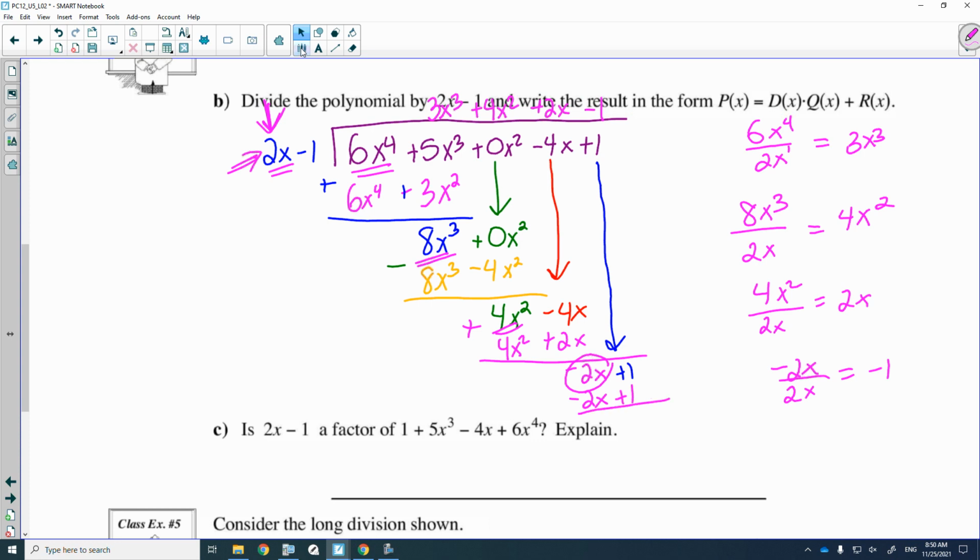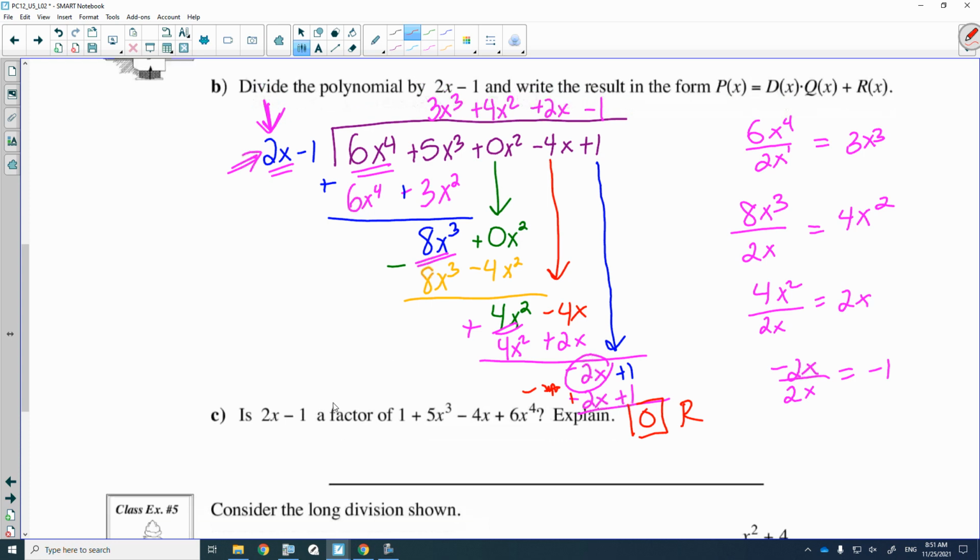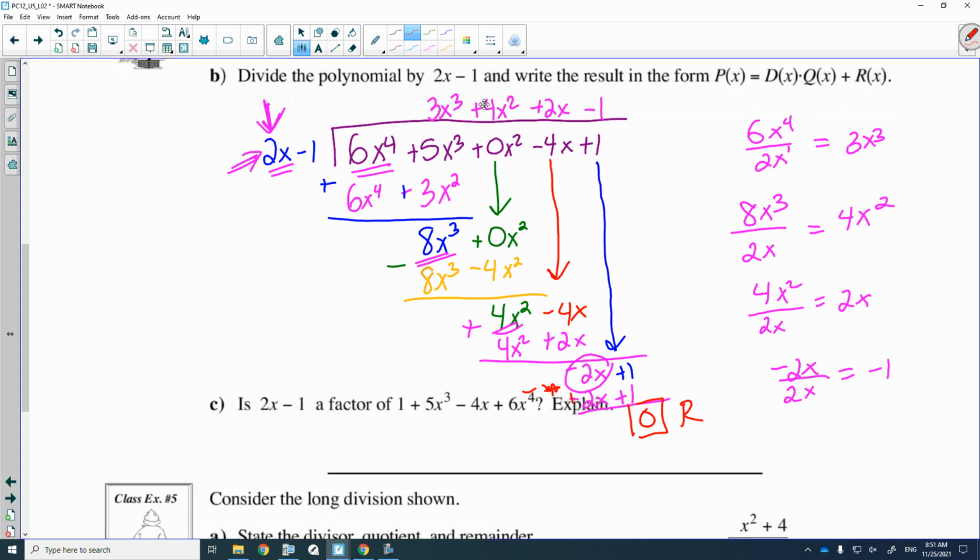And then when I subtract here, two negatives make a positive, and it was originally 1 minus 1, which is 0. So remember, I want you to box this in. That is always your remainder. This is my quotient, so we call that Q of x.